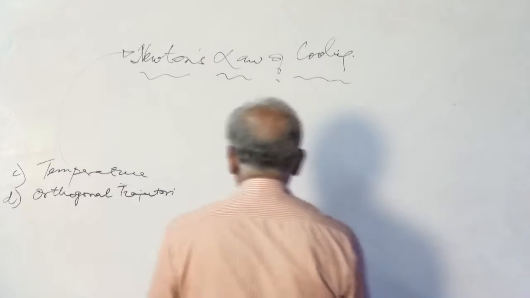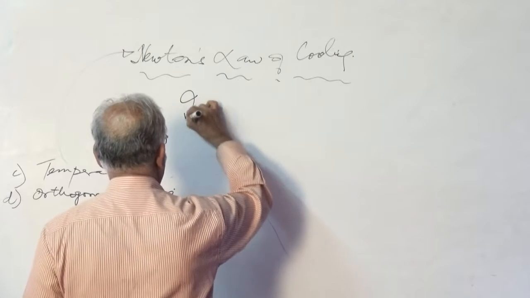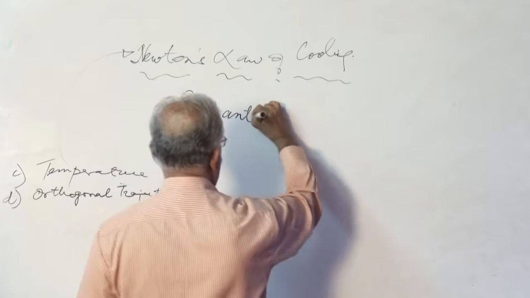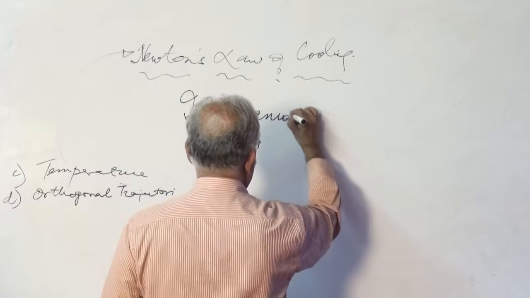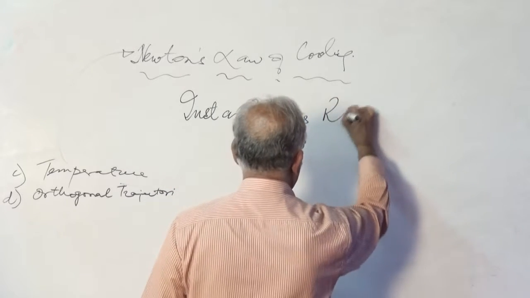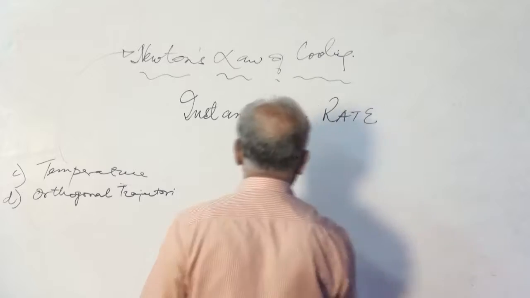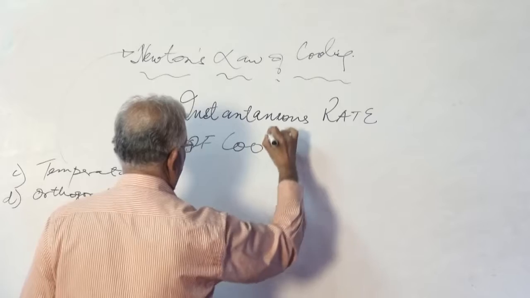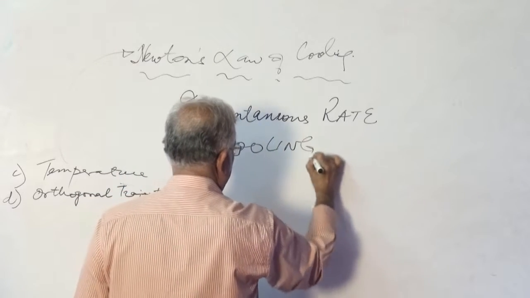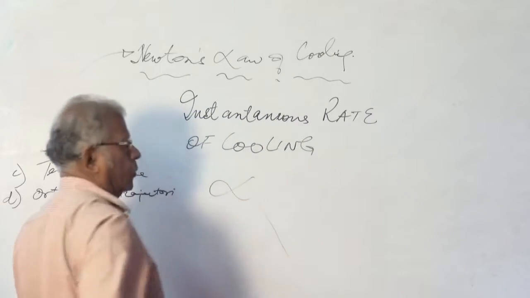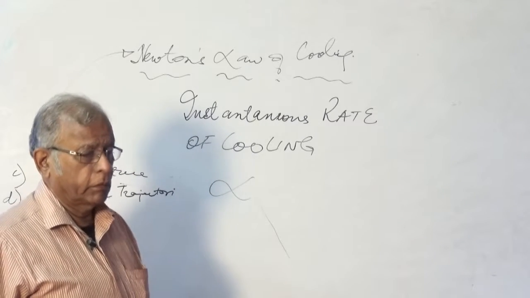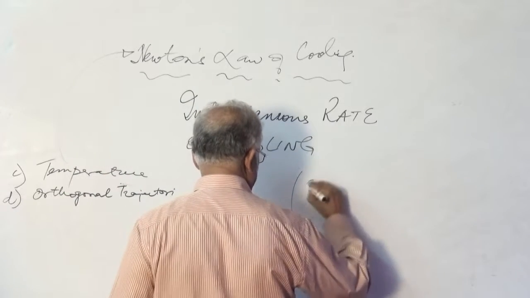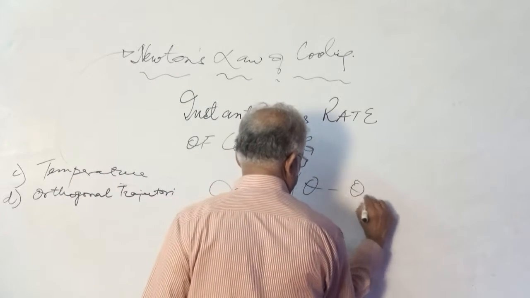Newton stated that the instantaneous rate of cooling is proportional to neither theta, nor to theta naught, but to the difference between theta and theta naught at any instant of time.